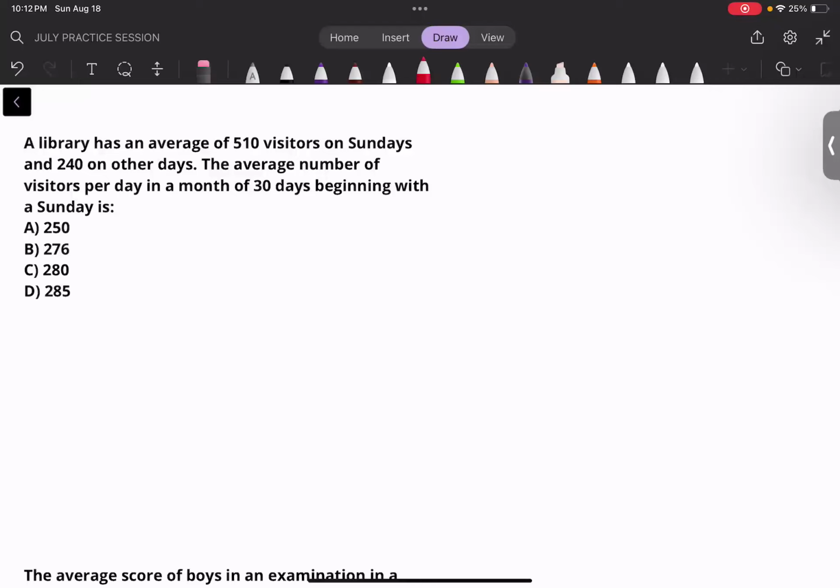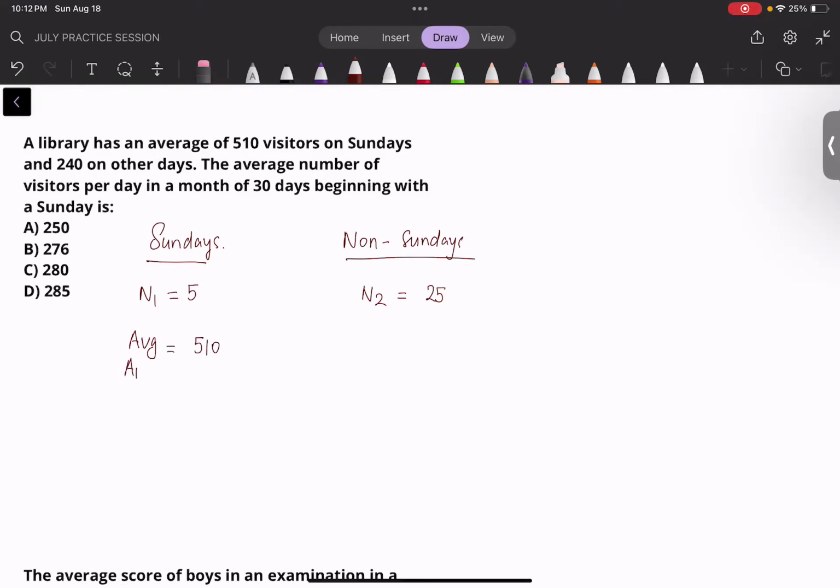All right, so here we have Sundays and non-Sundays. The number of Sundays is N1 = 5 and non-Sundays N2 = 25. On Sunday, the average A1 is 510 and for non-Sundays A2 is 240.